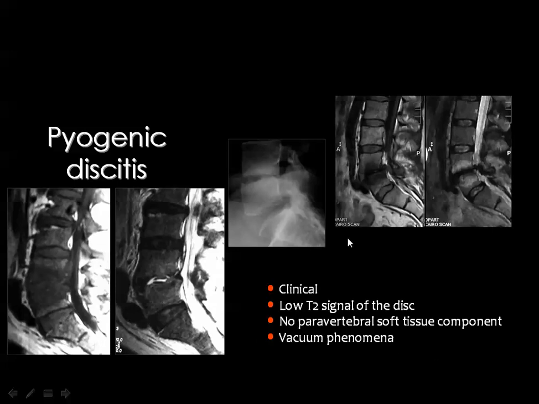In cases of degeneration, the disc space is narrowed, and what's very important is the appearance of the disc in T2 weighted image. The disc will be black because it has lost its water content. But in cases of infection, the disc will be very bright because it is full of water and inflammatory granulation tissue.